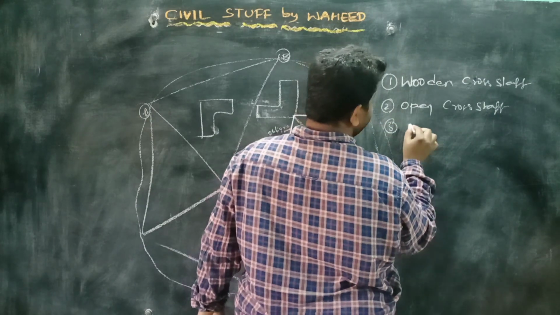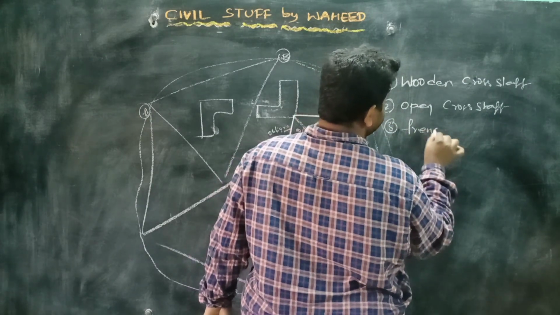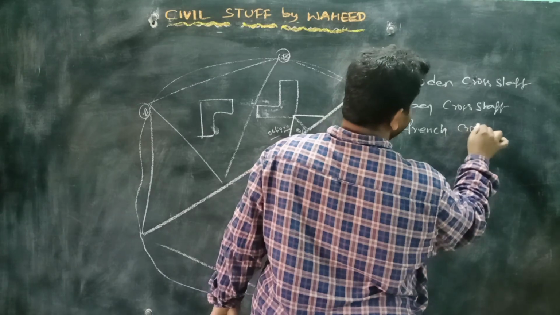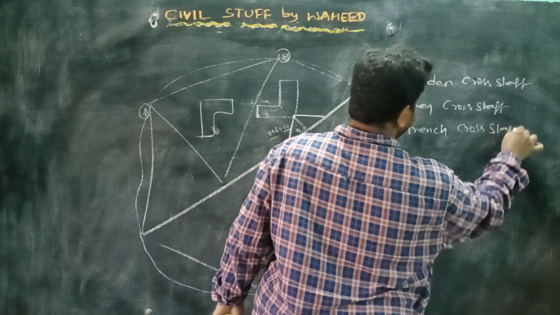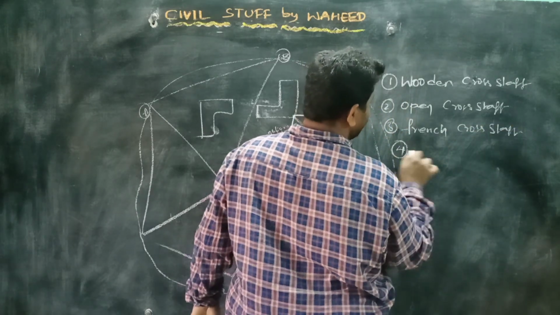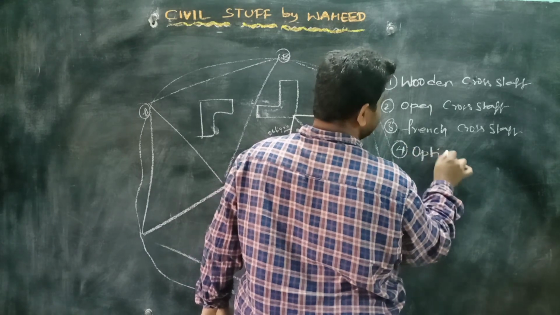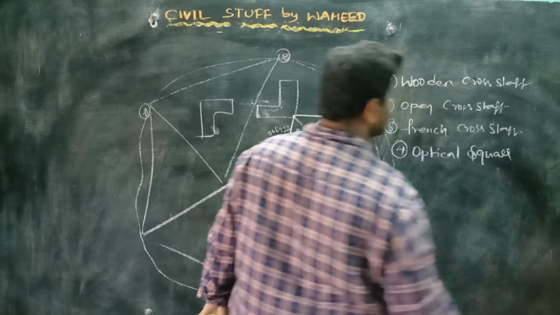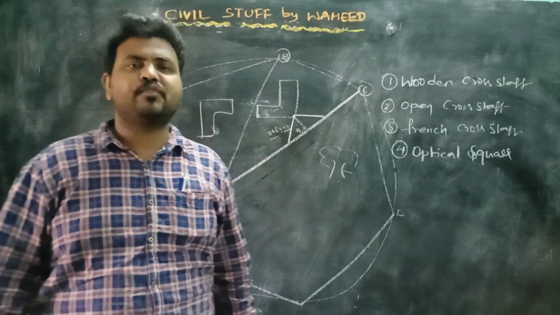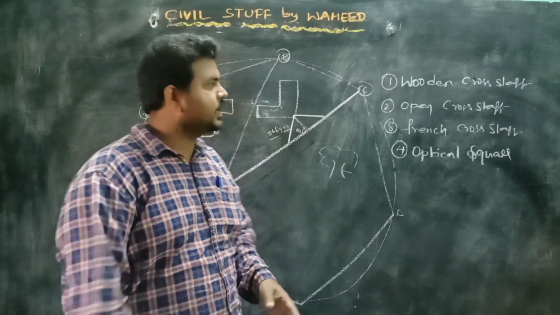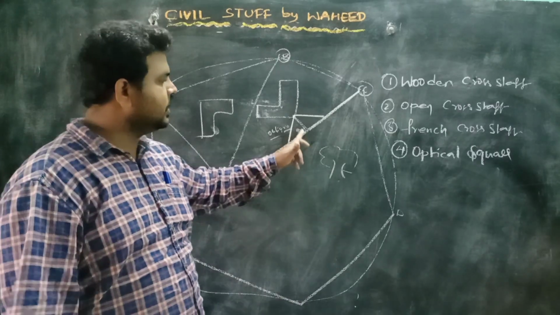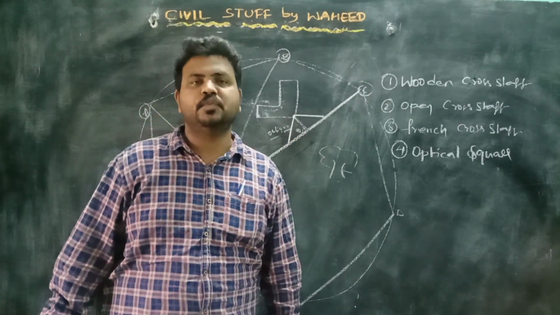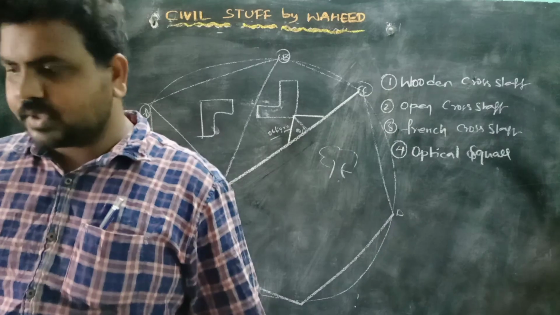Next, the French type crosstalk. And the optical square. These are the four different types of crosstalks we will be using regularly in order to fix the perpendicularity.